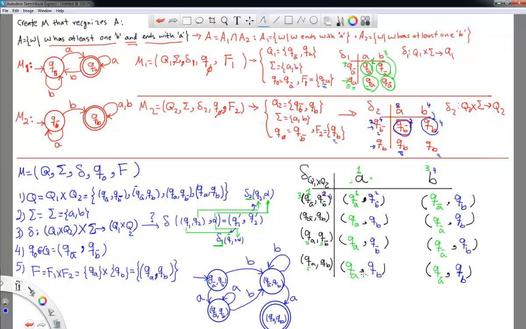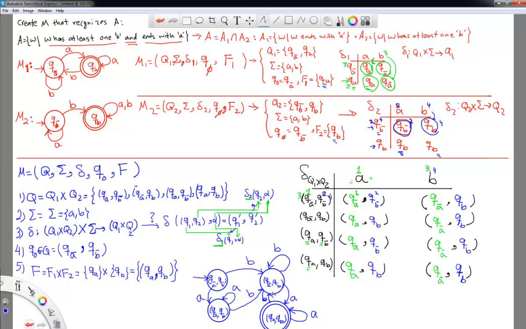With A, it's going to stay in itself. And with B, it's going to go to Q naught A, QB. So with B, it's going to go up here. And this completes my machine.